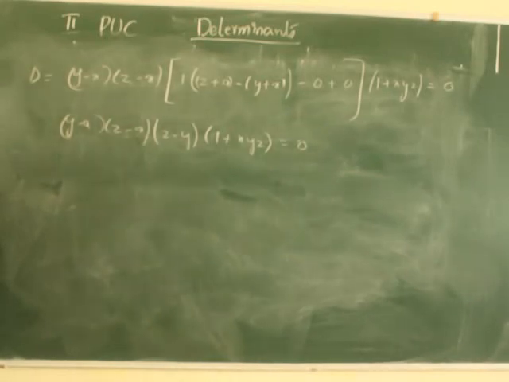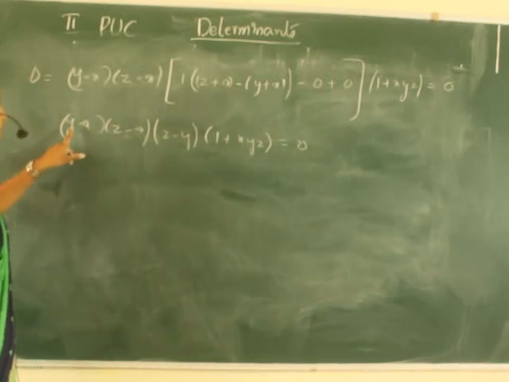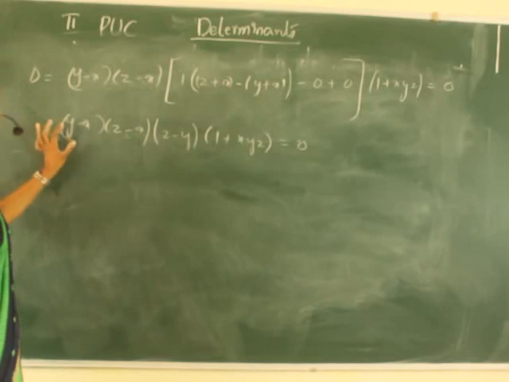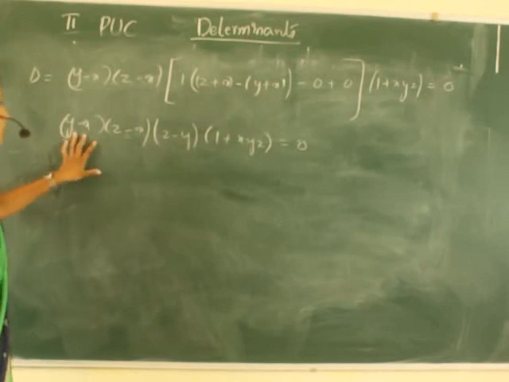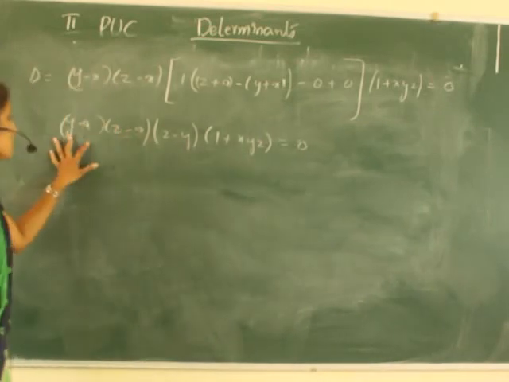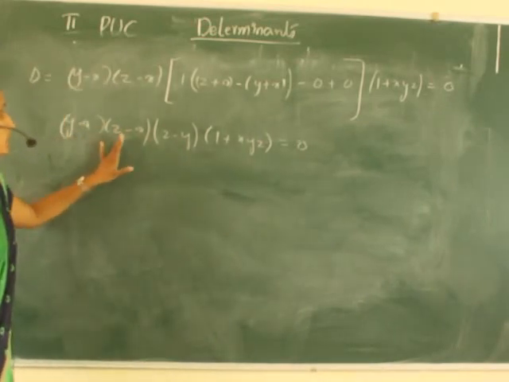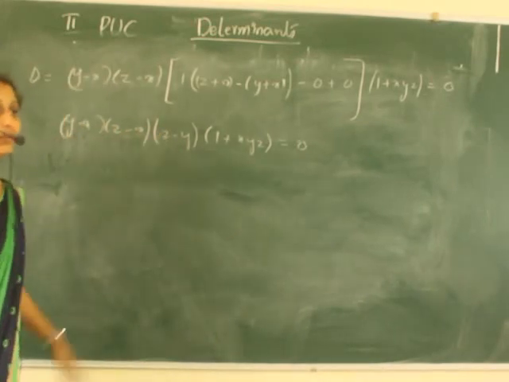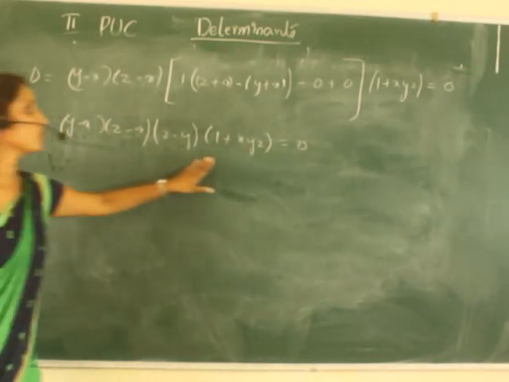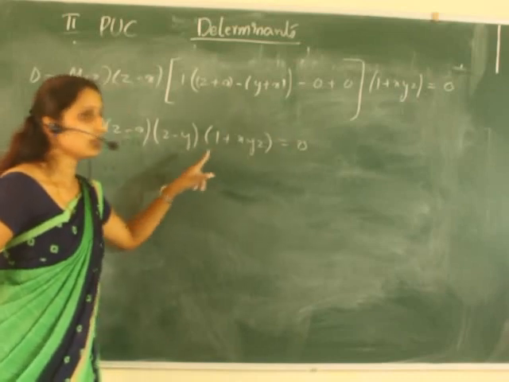Product is 0 means each term is 0. If each term is 0, then y minus x is 0, z minus x is 0, z minus y is 0. So x equals y, x equals z and z equals y. But x, y, z are different, so we cannot take these as 0. So the possibility is only that the remaining term is 0.